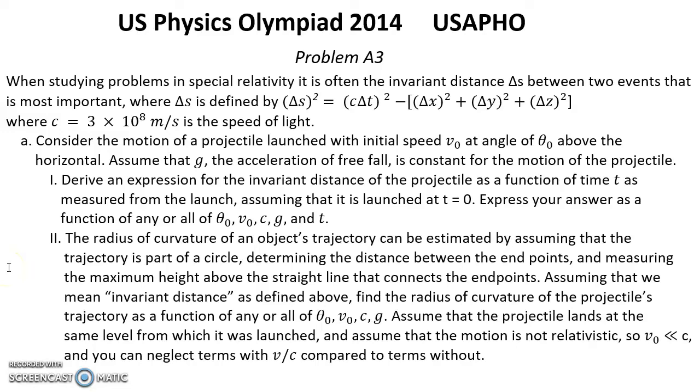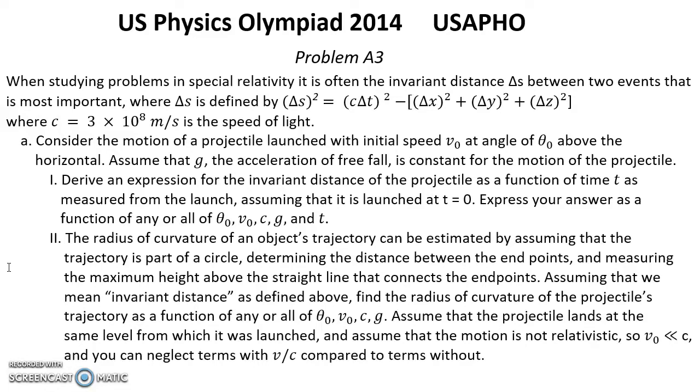Question A. Consider the motion of a projectile launched with initial speed v0 at an angle theta 0 above the horizontal. Assume that g, the acceleration of free fall, is constant for the motion of the projectile.